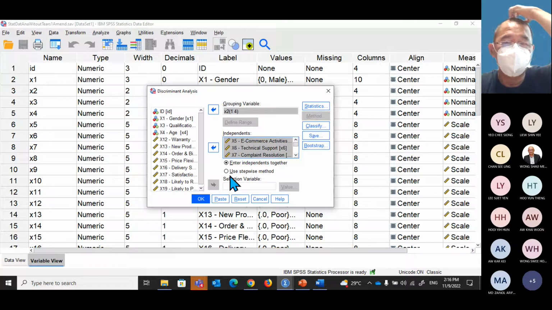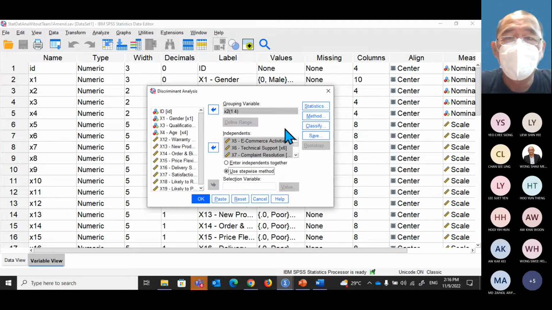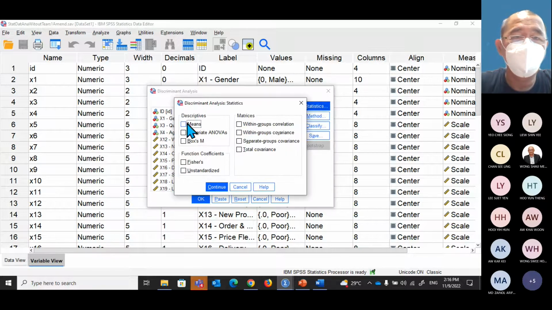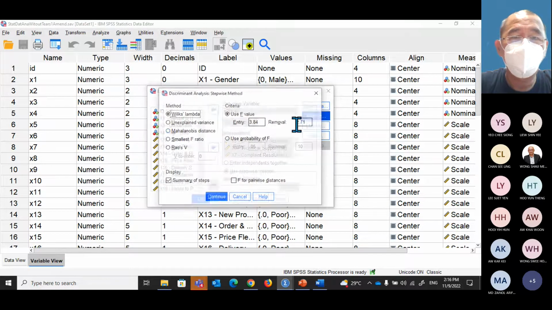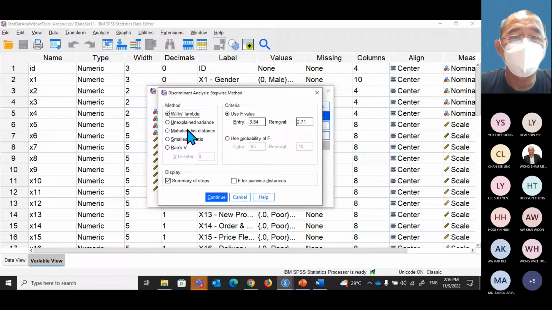I can show you the D power 2 now. I forgot. So you can see D power 2 now. Method, can you see here? This one, Mahalanobis D power 2.